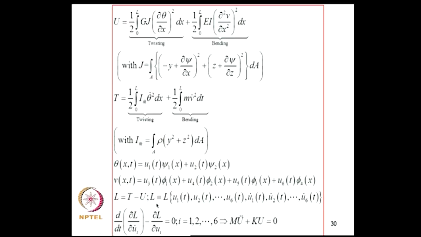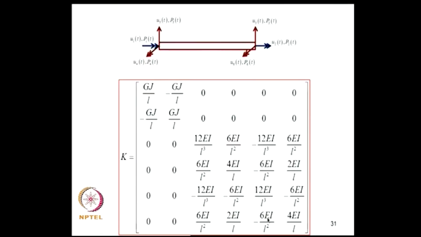Now, the Lagrangian will have 6 generalized coordinates u1, u2, u3 up to u6 and their derivatives. If I run the Euler-Lagrange equation for i equal to 1 to 6, I get the element equation of motion as M u double dot plus K u equal to 0. Now the M and K matrices can be written out.